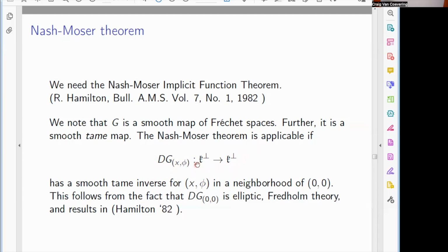And so it's an elliptic operator, I guess, restricted away from the kernel, so restricted in the perpendicular. But if you have an invertible elliptic operator and you perturb its symbol, then it's still an invertible operator. So then this will be invertible in a neighborhood.